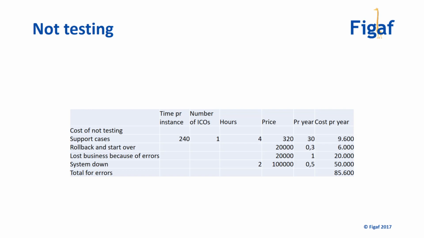I have no idea what that would be, but maybe 20,000 euros, maybe more, for consulting, figure out what was wrong, how to fix it, open a case with SAP, roll back, and maybe that would happen every third year, something like that. So 6,000.